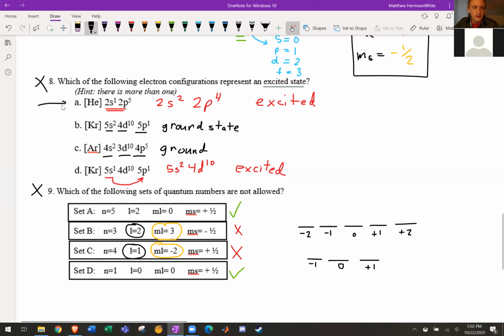So this one here, I think what you're asking, Gracelyn, is why the 2 and the 4 rule, where it moves 1 electron up, doesn't apply.